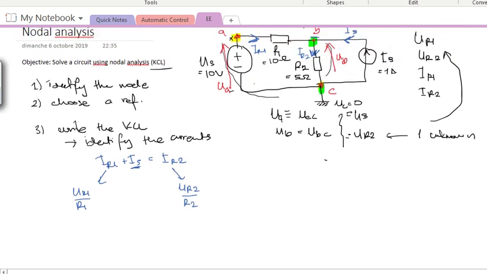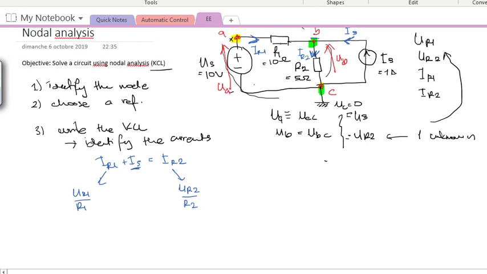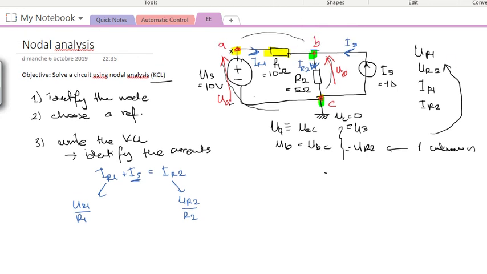So where is UR1? If we look at UR1, it's the voltage that goes across R1. If I have to put the direction, UR1 would be in this direction. So how do we find UR1? If you want to find UR1, you can see that UR1 is basically in a loop here, in this loop, and we can use KVL in order to define what UR1 is.